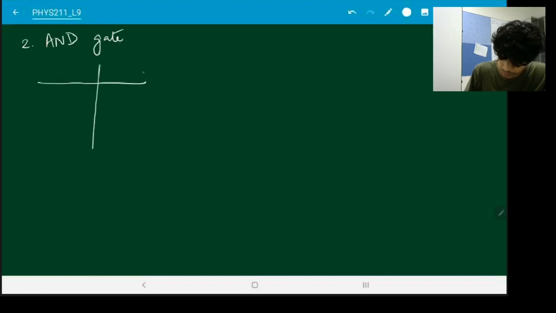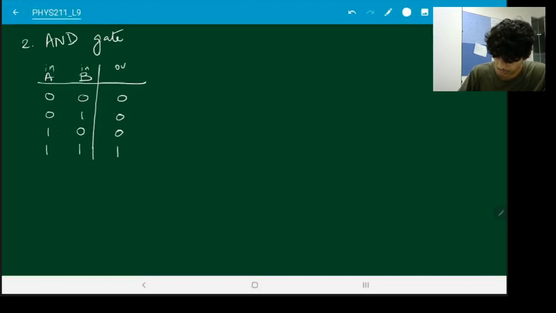Okay, let's go on to the next gate, which is called the AND gate. AND gate has the following truth table. The AND gate has two inputs, input A, input B. So 0 and 0 is 0, 0 and 1 is 0, 1 and 0 is 0, 1 and 1 is 1.